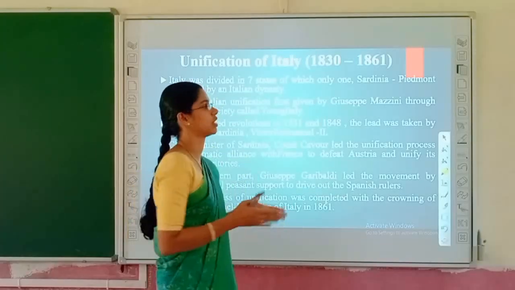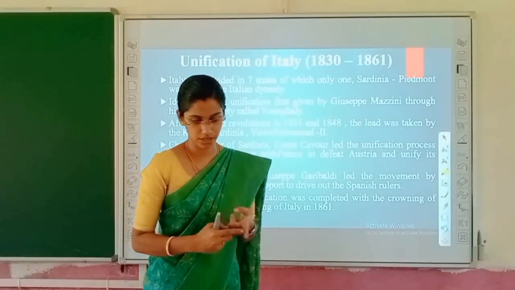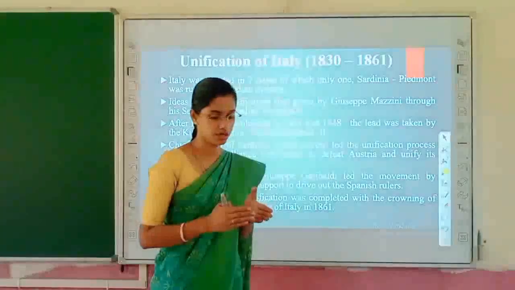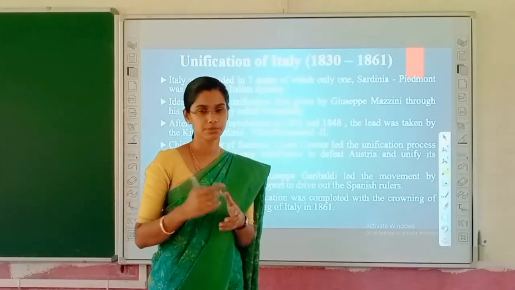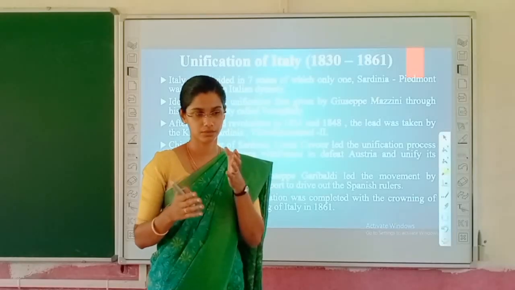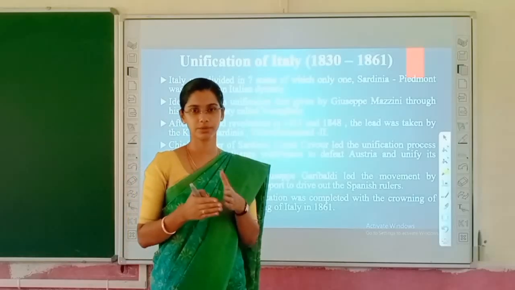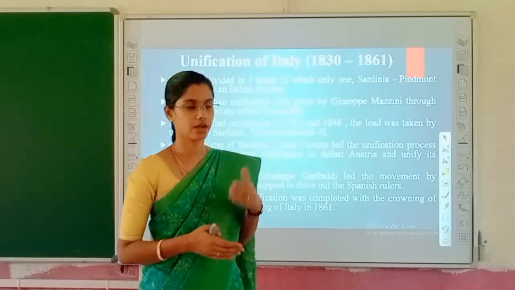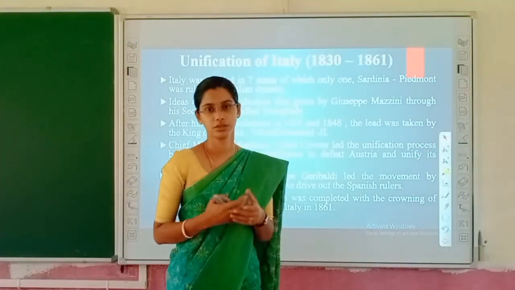And at last, one of the famous persons, Cavour, the minister and prime minister, and Giuseppe Garibaldi, who headed the armed force, played one of the main roles in the unification process of Italy. And at last, in 1861, Italy got unification.